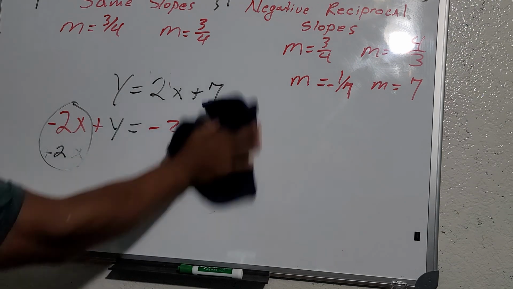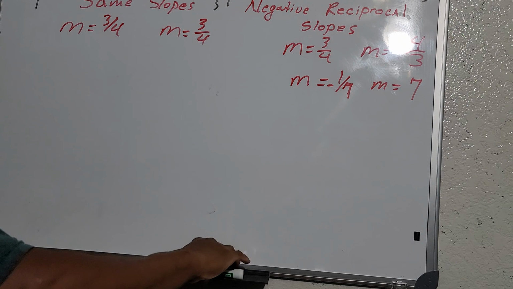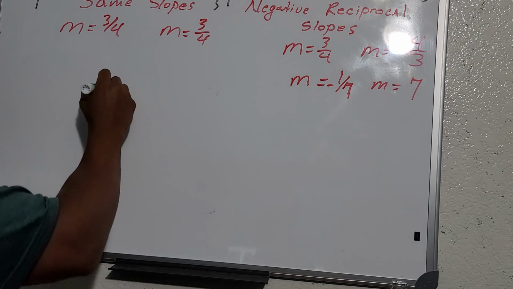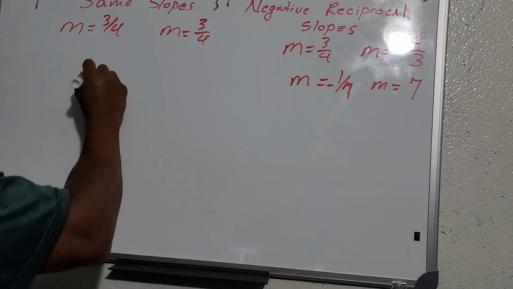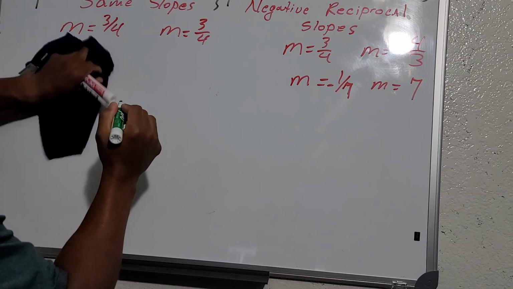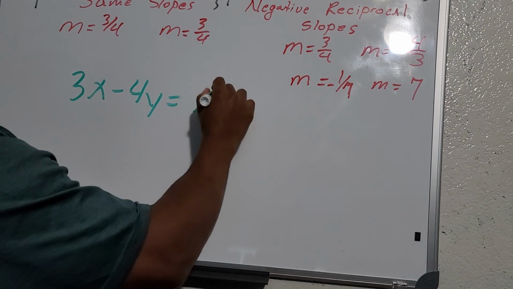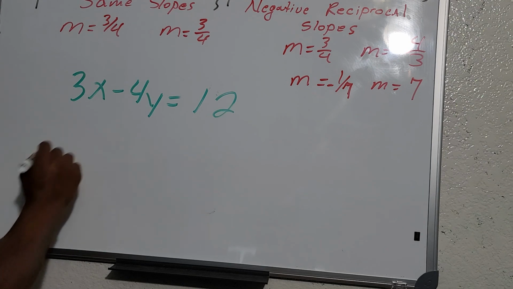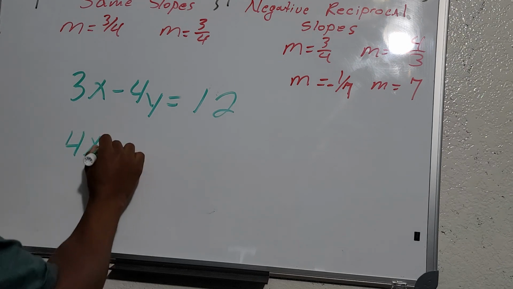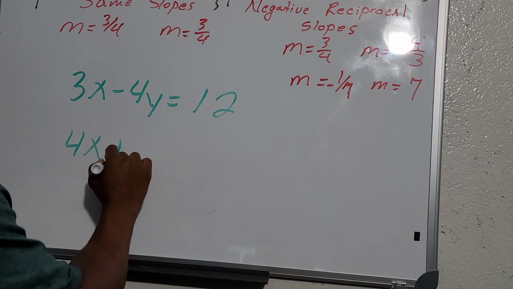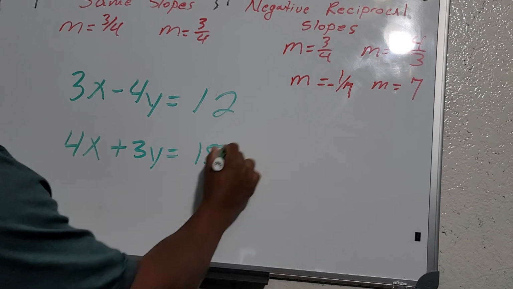And sometimes you have to solve it for y to determine if lines are parallel or perpendicular. So here's another example. Let's write them both in standard form here. 3x minus 4y is equal to 12, and 4x plus 3y is equal to 15.